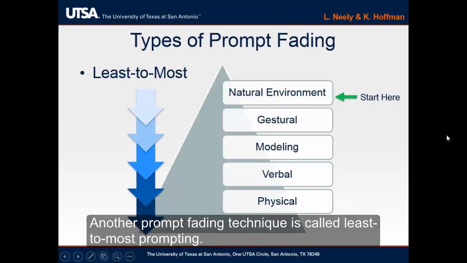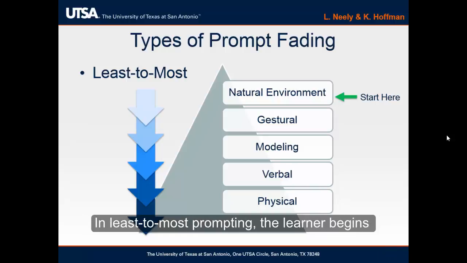Another prompt fading technique is called least to most prompting. In least to most prompting, the learner begins with the least amount of help or prompting needed, and we gradually increase the amount of help or prompting necessary to get a correct answer. Fading is naturally programmed through time delay as the learner responds sooner and sooner and gets reinforced for the correct response.